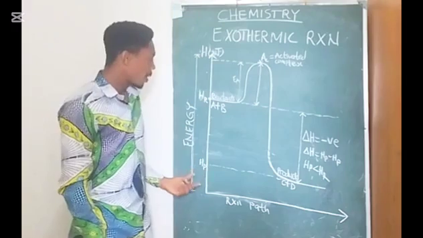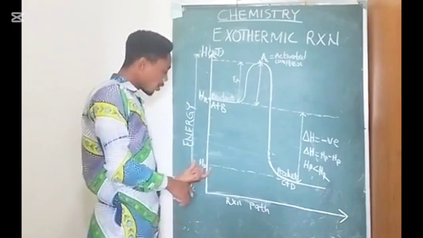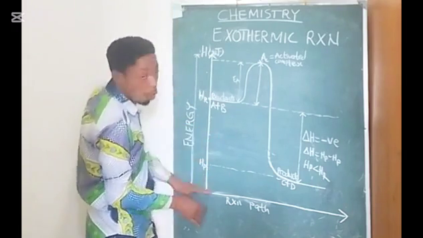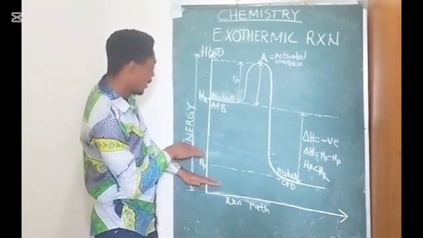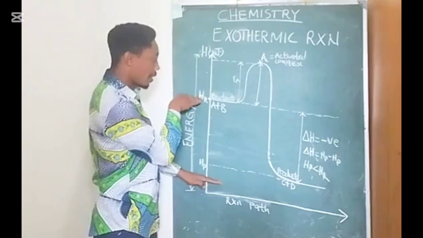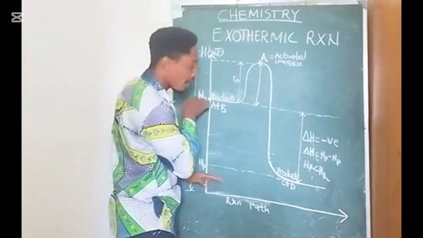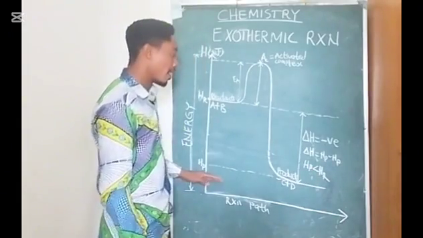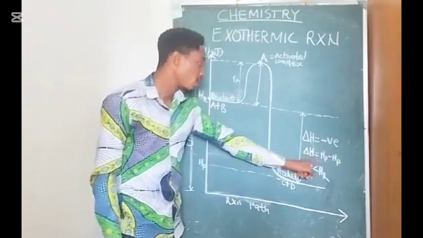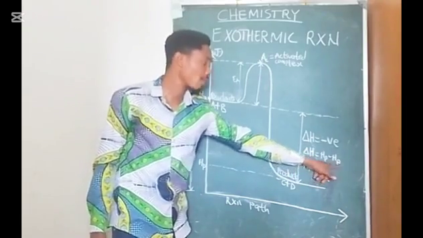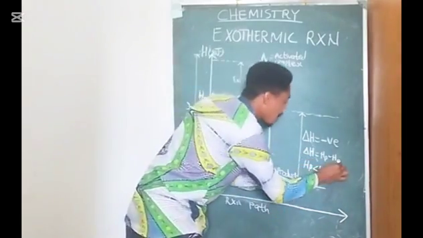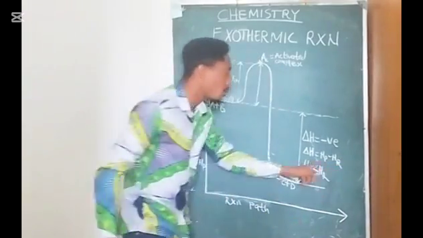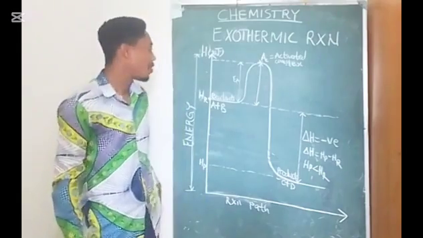The heat content of the product has a lower value compared to the heat content of the reactant. Because of that, delta H, which is the heat content of product minus the heat content of reactant, will give you a negative value.